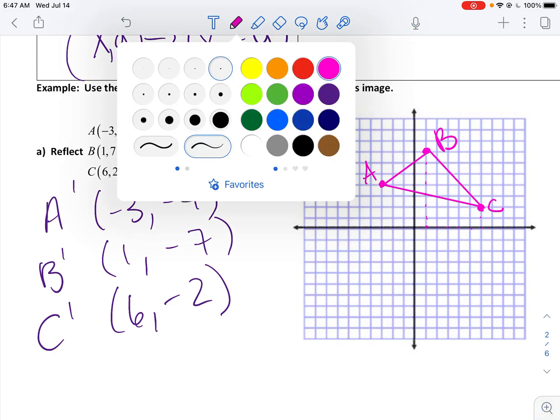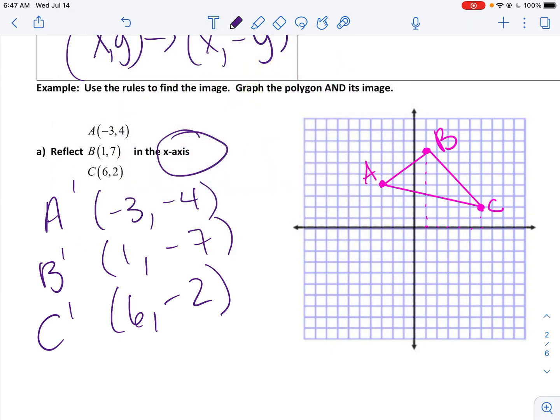Now we're going to reflect it over the x-axis. So this is 4 away. So 1, 2, 3, 4. A prime, and that's at -3, -4.